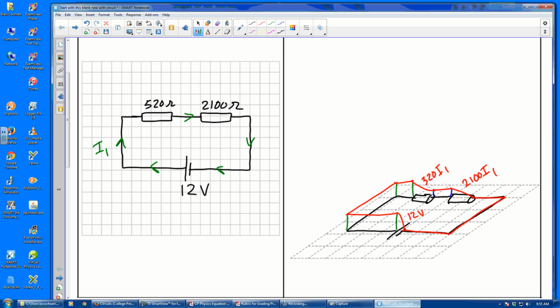So I know that the negative side of my battery I take at 0 volts, and my battery produces 12 volts, 12 joules per coulomb. So by going from one side of it to the other, I have to change 12 volts. So going from negative to positive, I go from 0 up to 12. That's how I know.